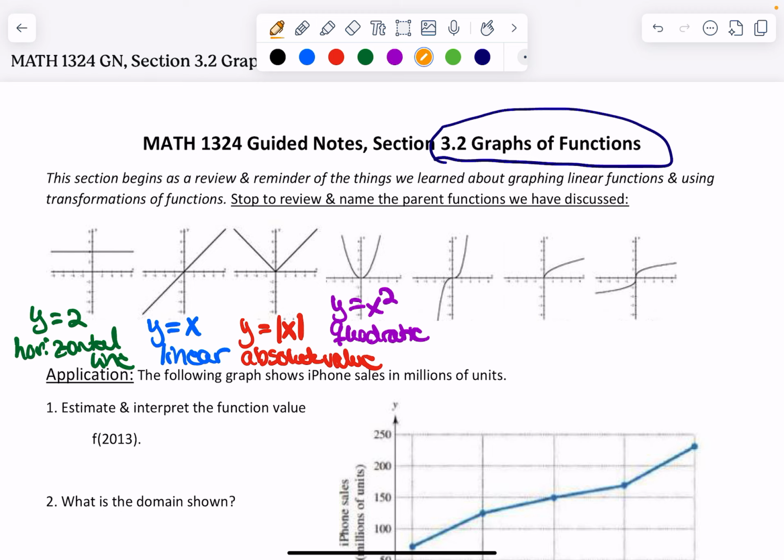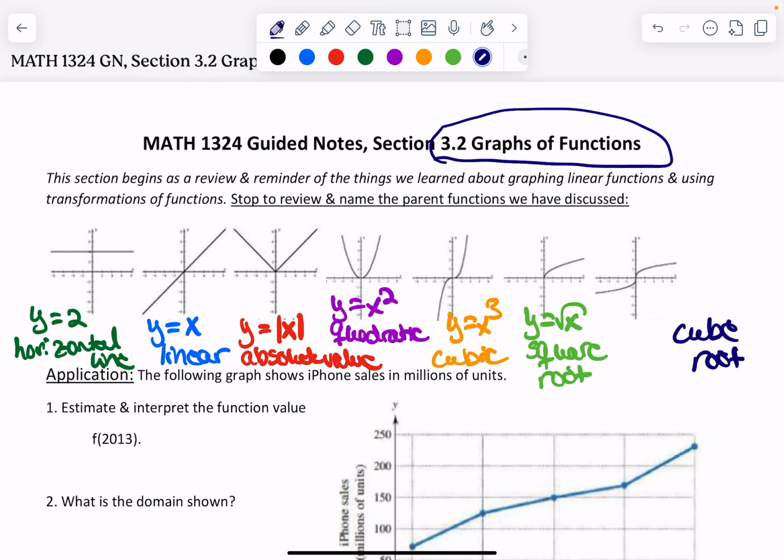And then we have our cubic function, y equals x cubed. Next is the square root function, y equals square root of x. And the last one is cube root, which is y equals cube root of x.